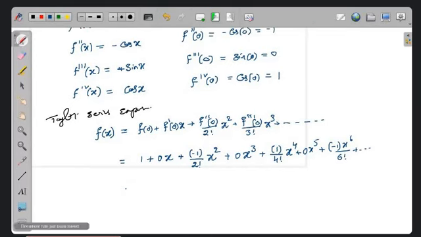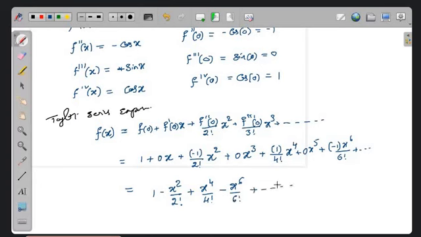Okay, this is going to be 1 minus x square by 2 factorial plus x power 4 by 4 factorial minus x power 6 by 6 factorial plus and so on. So this is the expansion of cos x.